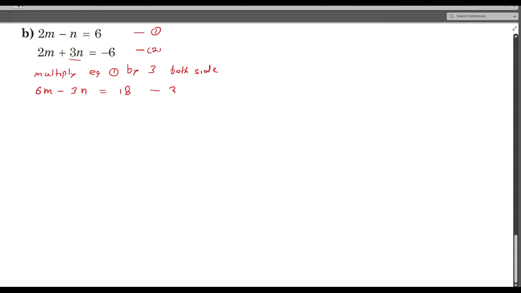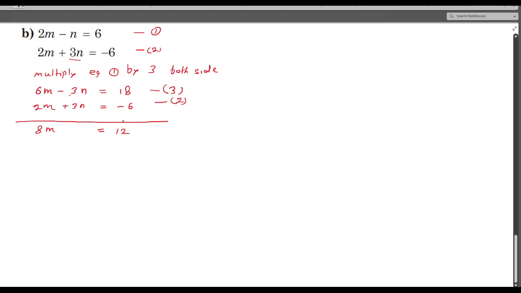Let us consider this is your third equation, and your second equation is 2m plus 3n is equal to minus 6. Now what you should do here, you should add these two equations. If I add these two equations, 6m plus 2m will become 8m, and this minus 3n plus 3n will cancel, and here 18 minus 6 will become 12.